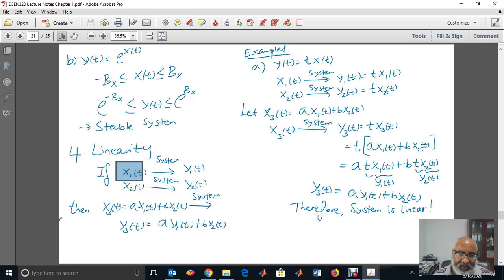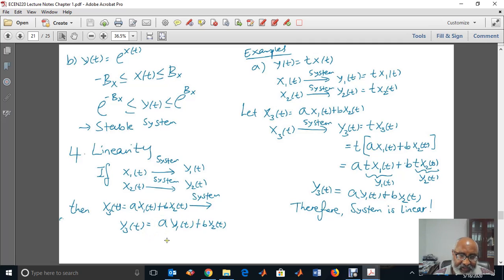And if the input is x2 of t, the output is y2 of t. Then if I combine x1 of t and x2 of t and create another input x3 of t, which is equal to a times x1 of t plus b times x2 of t, I scale x1 by a, and I also scale the input x2 by b. Then I create this other input x3, the combination of these.